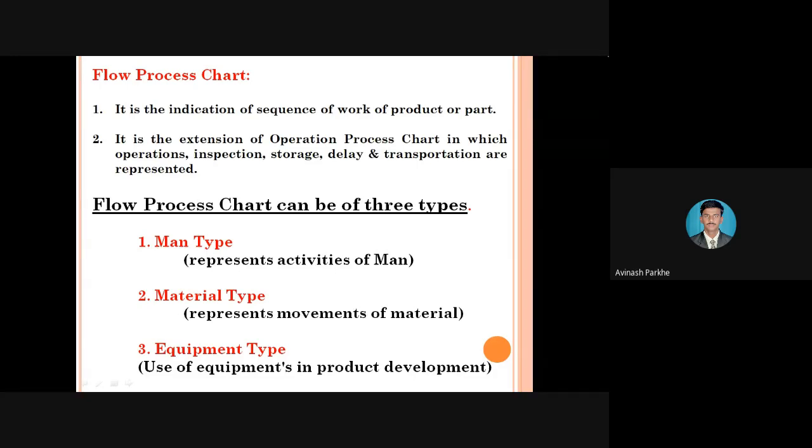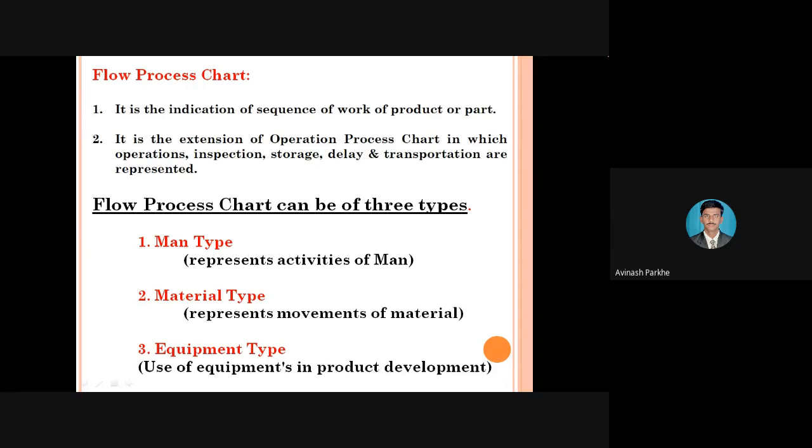That operation process chart is also called an outline process chart. We also discussed one example in the previous session, that is the assembly of the axle and the nut. During the manufacturing, how to manufacture that nut, how to manufacture that axle, and during or after the manufacturing, how much inspection will take place.